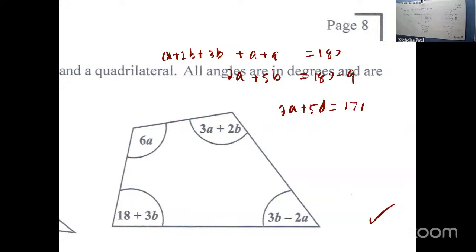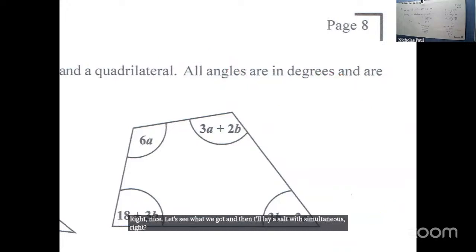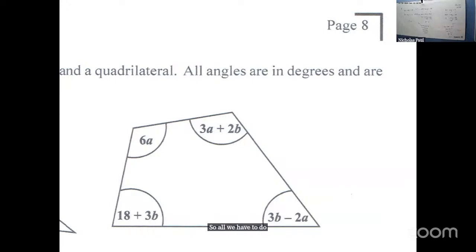Right, nice. Let's see what we got, and then I'll solve with simultaneous equations. So all we have to do is take 6A, add it to 3A plus 2B plus 18 plus 3B plus 3B minus 2A, and make it equal to 36.